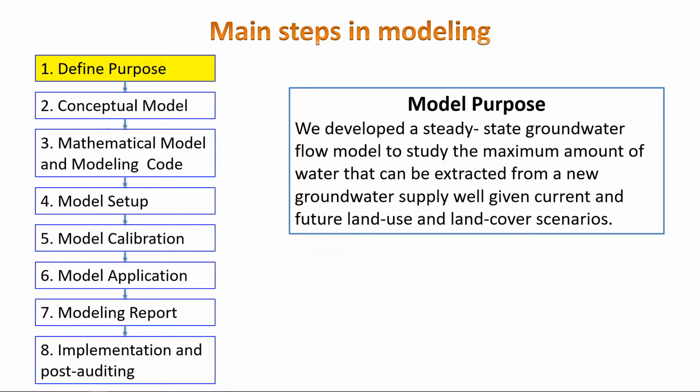If you can answer these questions without even using a model, then do that. Or maybe you can use an existing model that is already out there. Maybe you just change it a little bit: you change your boundary, you change your recharge, and then you can use it.